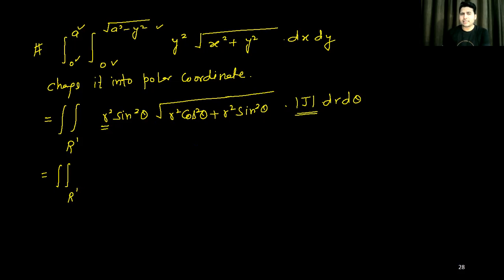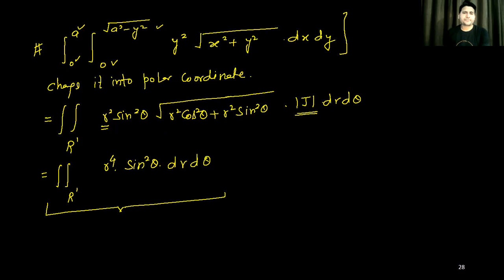Jacobian is also r. So the total will be r to the power 4 into sin squared theta into dr d theta. This means the original integral, when converted into polar coordinates, will look like this.